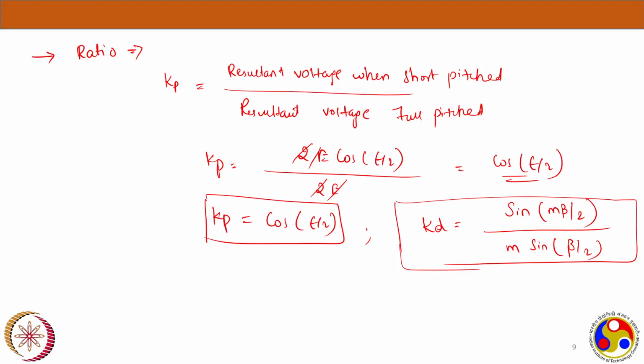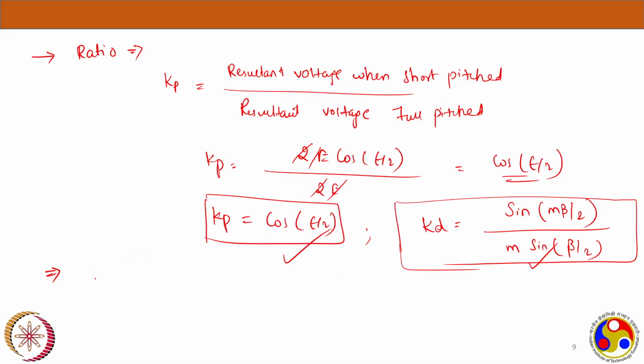So if the windings are distributed as well as short pitched, the voltage will definitely be reduced by these two factors. Whenever they say the winding is only short pitched, you will use the pitch factor. If the winding is only distributed, you will use only the distribution factor. But generally, windings will be both distributed as well as short pitched. So in that case, your voltage will be reduced by both factors, Kp and Kd.